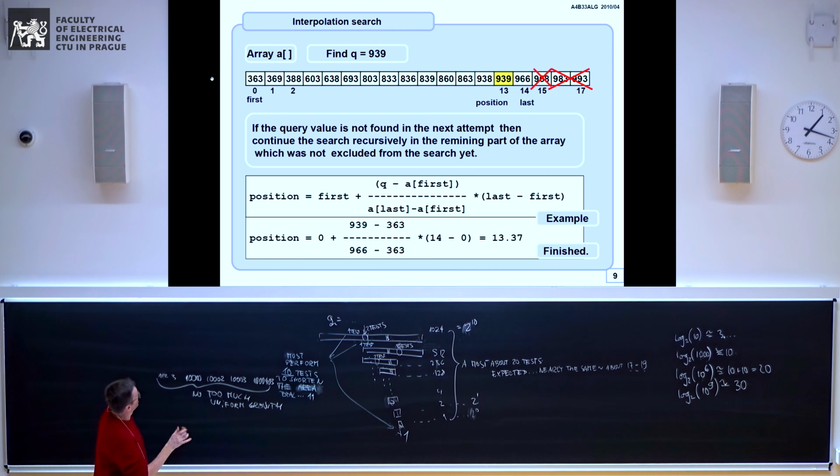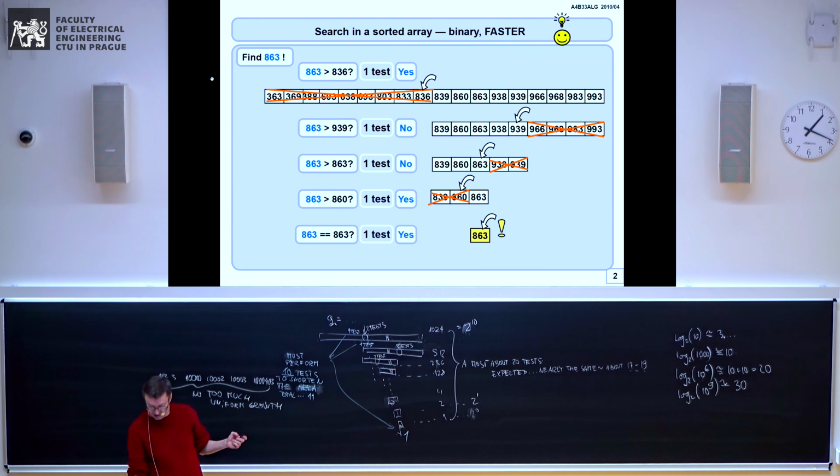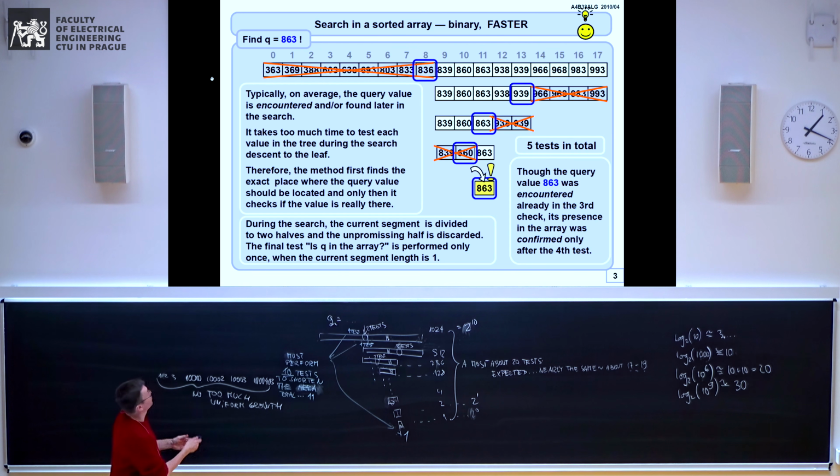So that's about 10 operations. To do one step in the method, you need 10 operations, while in the binary search you do one very simple operation in each step.